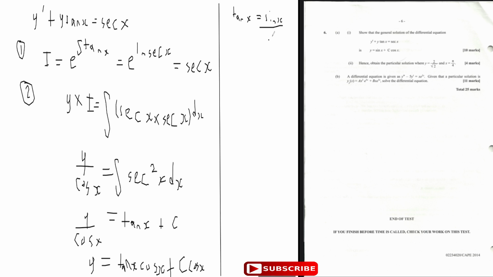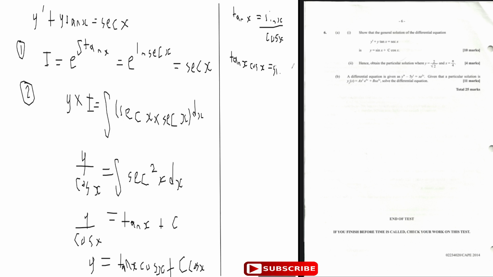So if we cross multiply, we see that tan x times cos x is sine x, just by cross multiplying.